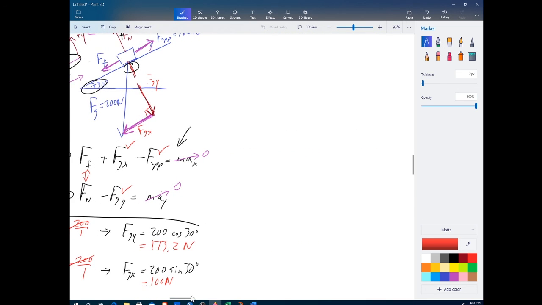I'm going to bring it over here. Remember, the force of friction is the same thing as mu times the normal force, which is where we get the mu from. We want to solve for mu, ultimately, but I'm going to need to know the normal force first. I'm going to plug in mu times the normal force and the numbers I know so far. We have plus 100 minus 200 equals 0.